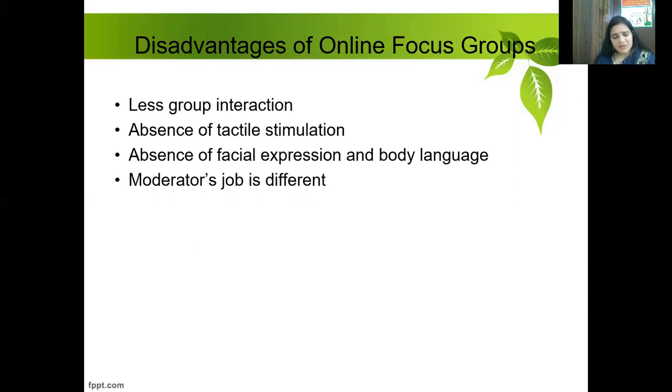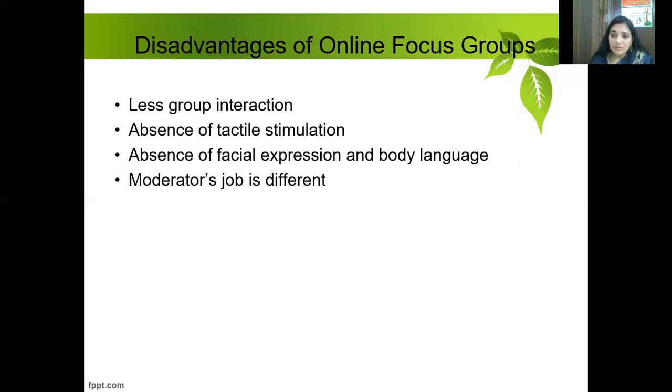But there are some disadvantages as well. For example, less group interaction. Sometimes in some software interaction is a little less, and some people are not 100% comfortable with the software, which might lead to less group discussion. Then absence of tactile stimulation, absence of facial expression, because we are trying to hide the respondent's identity.